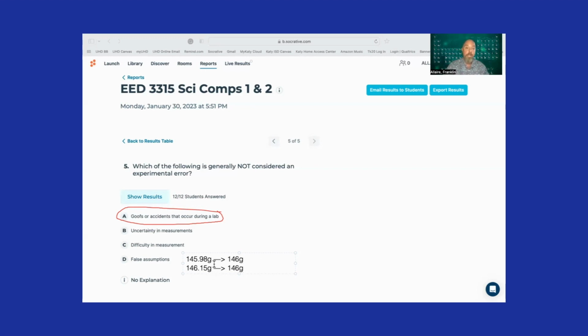And so this takes us back to that uncertainty in measurements. And while that can create problems in a lab or an activity, it's not considered to be experimental error, okay? And so for that reason, going back again to question number 1 in our quiz today, we always want to be as accurate as possible. So if we're measuring something, the length, the width, the mass, the volume, we always want to record as much of the value as possible.